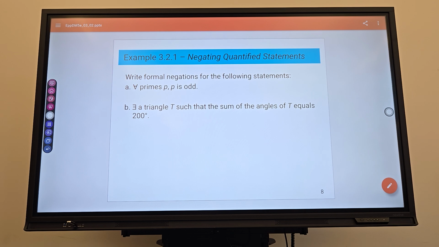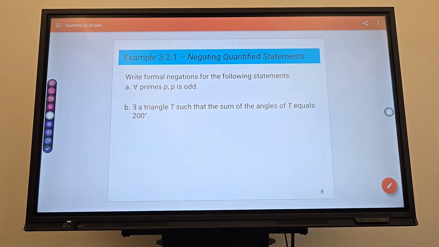Formal negations for the following statements. For all primes p, p is odd. The negation: there exists a prime p such that p is not odd. There exists a triangle T such that the sum of the angles of T equals 200.